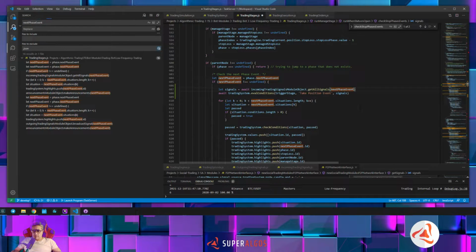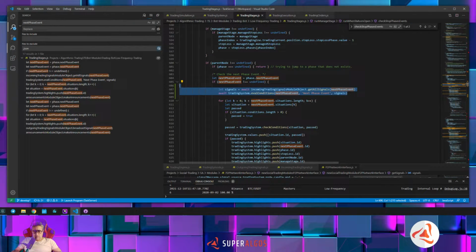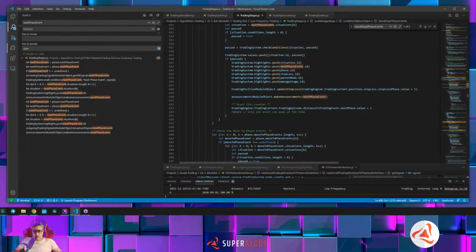And we can send, I guess, this, and right here next phase event. Okay, so that looks good to me. We will do very similar stuff.